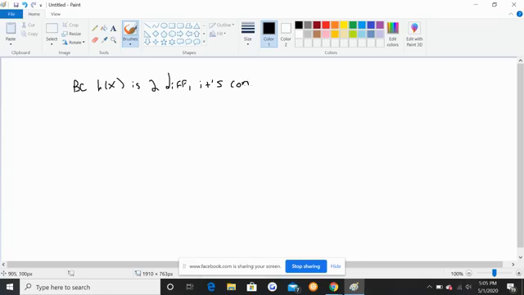I hate writing with this cursor, but okay. So what does that mean? Well, if we think about continuity, we know that for any continuous function f of x, the limit of the function as it approaches the value c is going to be equal to the value of f of x at c, correct? So let's keep this in mind.